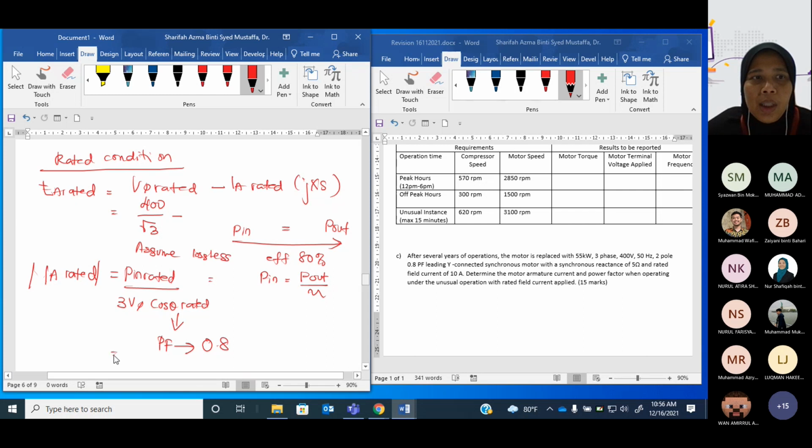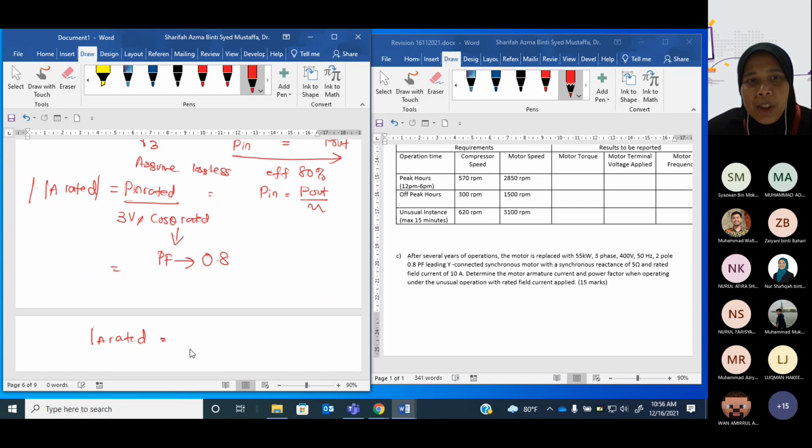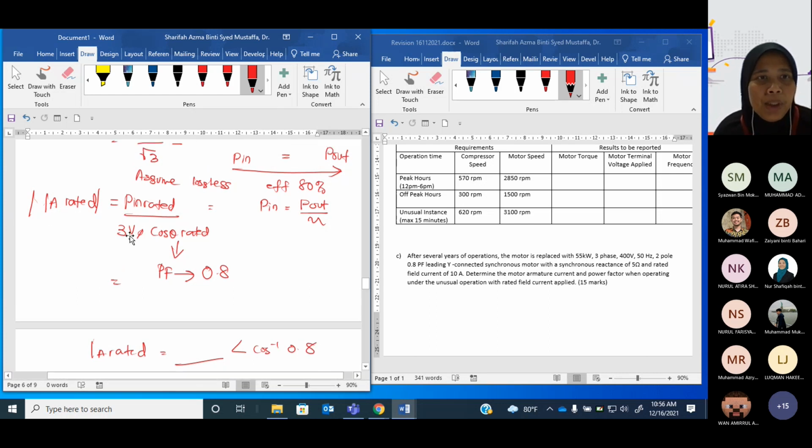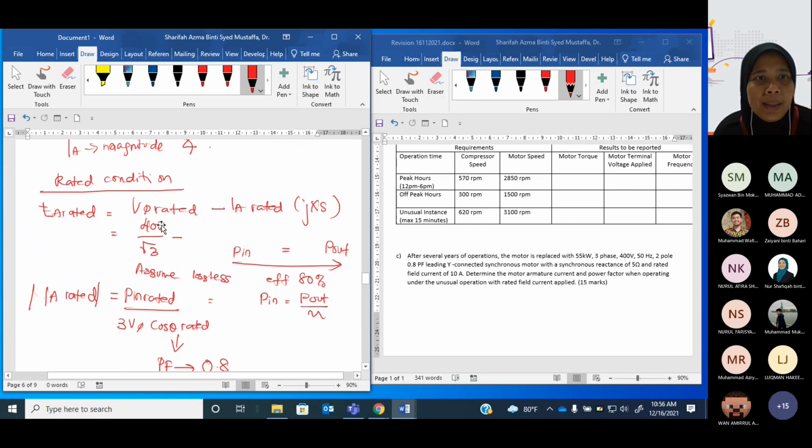So from here, you can get your IA rated but only the magnitude. How to get your angle? Inverse cos 0.8. So from here, put into the formula, you will get your EA rated.